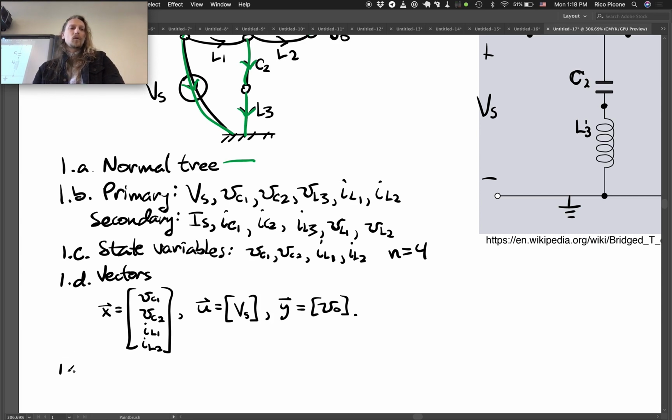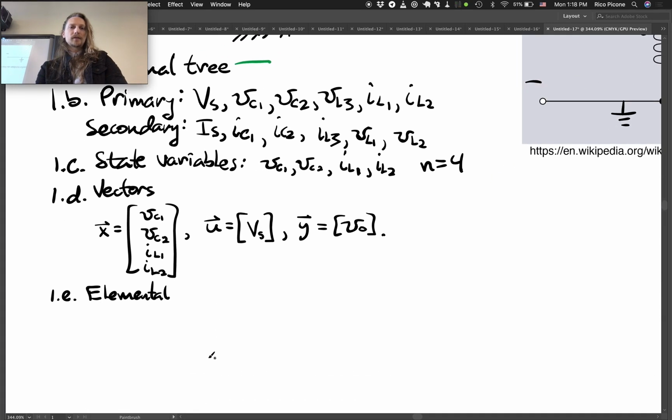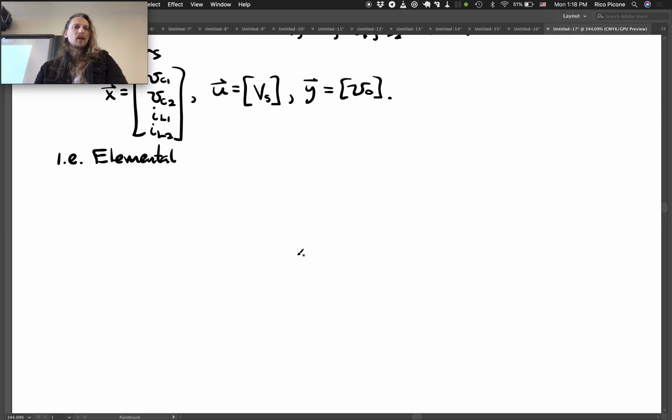Okay, 1E, that means we're ready for those elemental equations, right? So we've got capacitors C1 and C2. We've got three inductors, L1, L2, and L3.